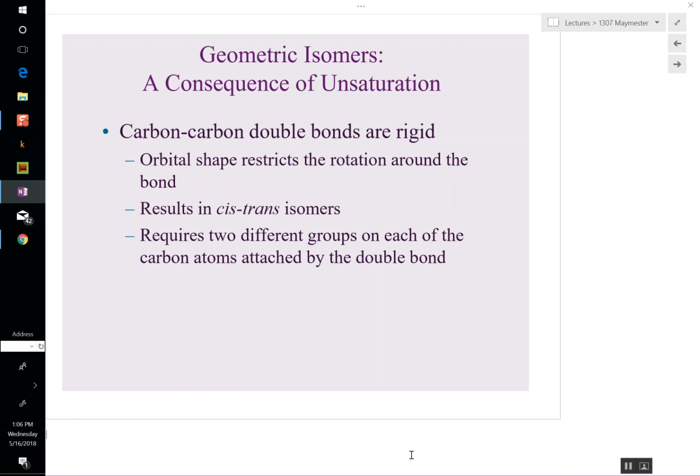Now, let me just back up a second here. You should think of this double bond having this kind of geometry around it. When you think of a carbon-carbon double bond, you should think that there are going to be two things coming off of each carbon at an angle. It would be like this.